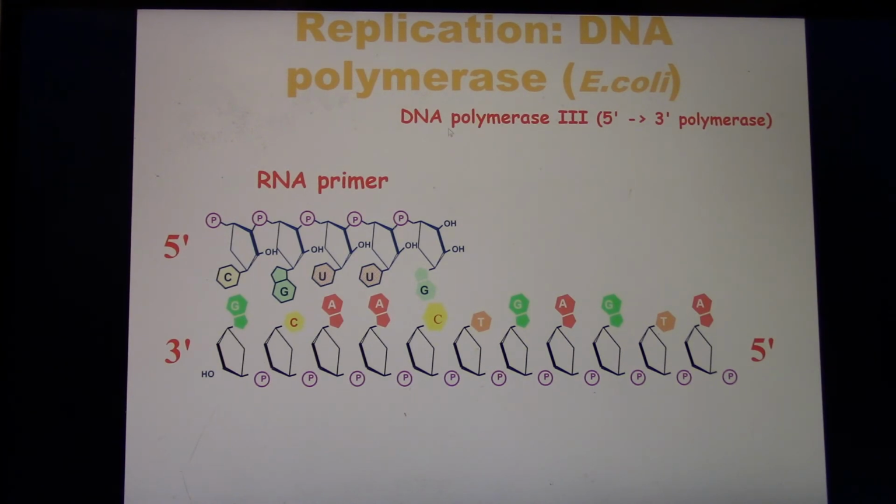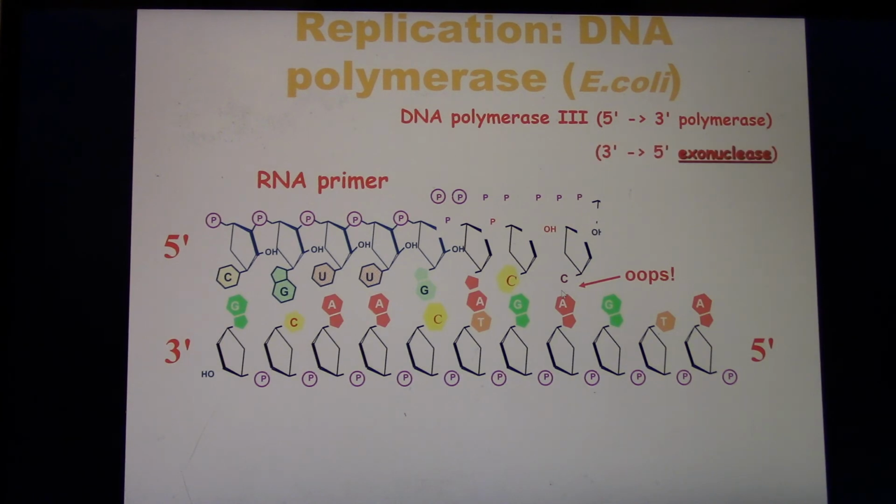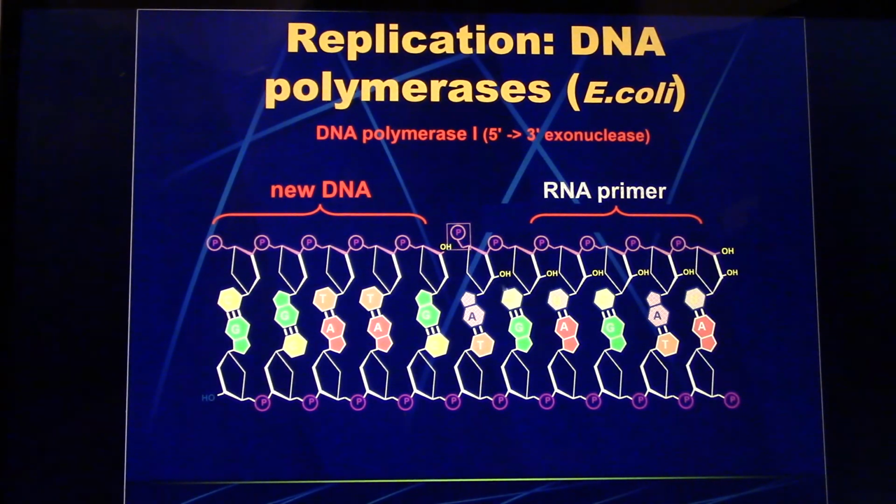In bacteria, like E. coli, DNA polymerase 3 is the first enzyme that comes along and recognizes the primer and starts synthesizing DNA in a 5' to 3' direction using its polymerase function. But it can make a mistake where you've got a C across from an A, and then it has to use its exonuclease function, which goes backwards 3' to 5' to remove that mistake, and then continue synthesis to create the repaired DNA.